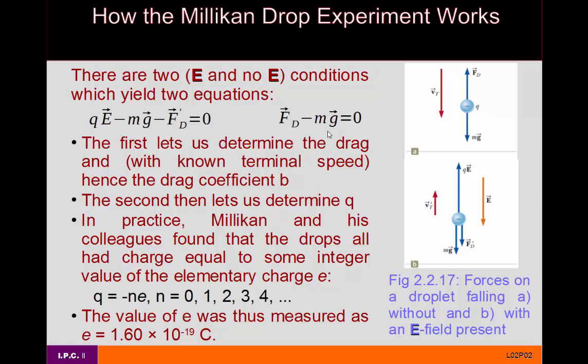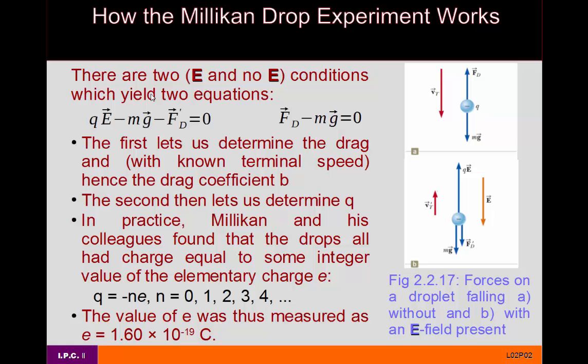This is the drag force when there's no electric field and the particle is basically moving downward. These two drag forces are actually different values because there will be a different terminal velocity, thanks to the fact that the electric force is not just twice whatever the force of gravity is. It can be very strong, 1.5 times the gravity, it can be 5 times the gravity, etc.